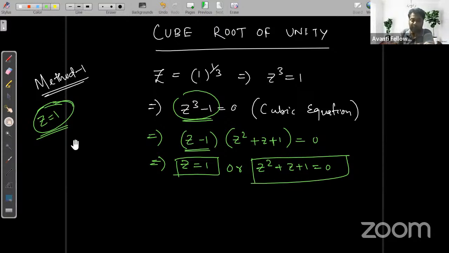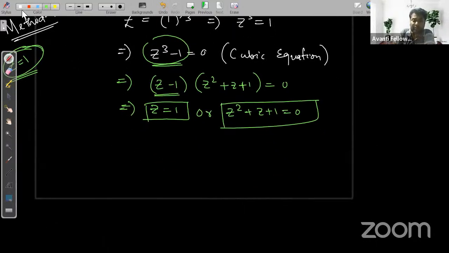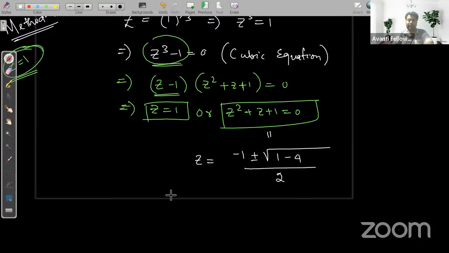What roots are you getting? We already solved these equations previously. By solving this, z = (−b ± √(b² − 4·1·c))/2a, so we get (−1 ± √3 i)/2.